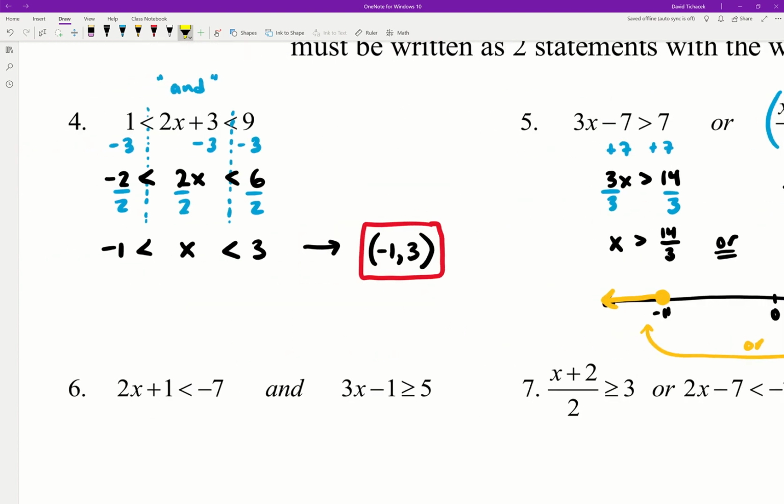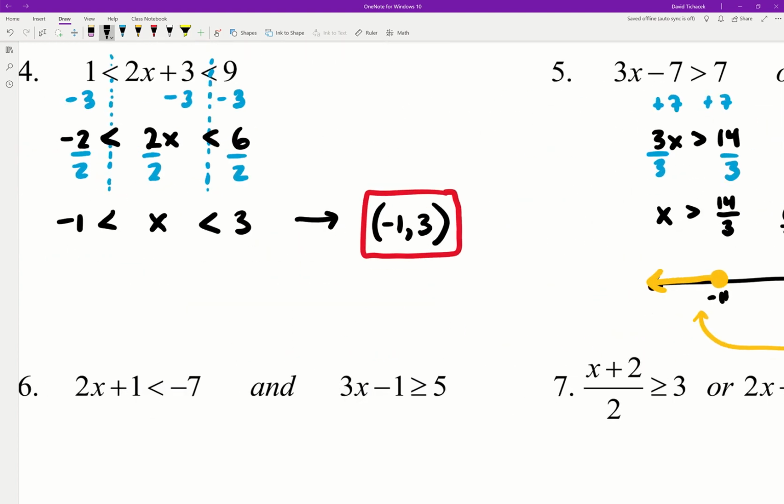If we were to take another look at number 4 again and graph that, then the reason that this would be an and is because if I wanted to go ahead and shade this region, all the numbers that are going to be greater than negative 1, then I could say negative 1 is right here, and then I would be putting an open dot on negative 1, and then I'd be shading that away to the right of it. If I were to go ahead and shade this other region here, so taking a look at that real quick, x is less than 3.